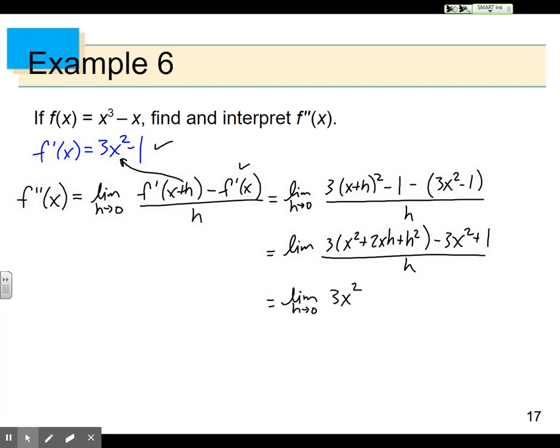Got one more step here, and then I should be able to do a little bit of magic on it. Make it so it cleans up. Alright, let's see what cleaned up there. 3x squared, negative 3x squared, it's gone.